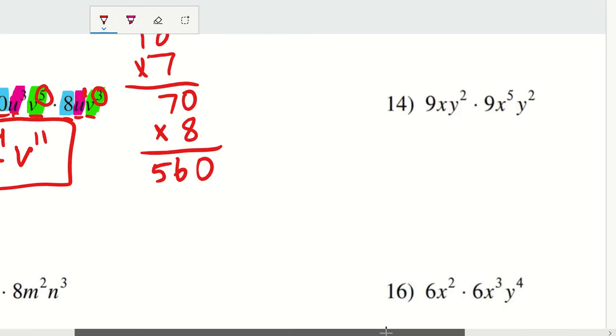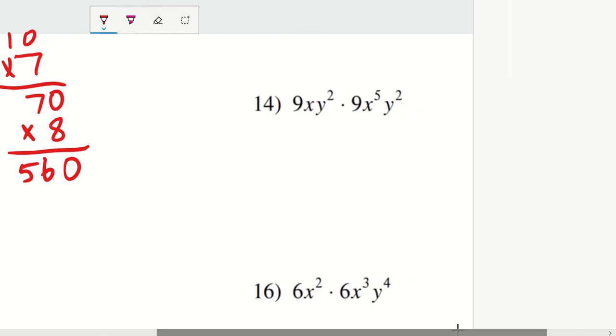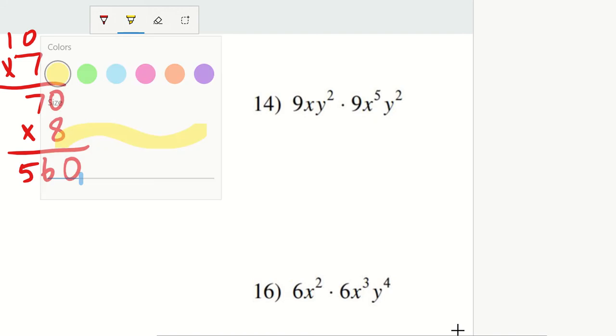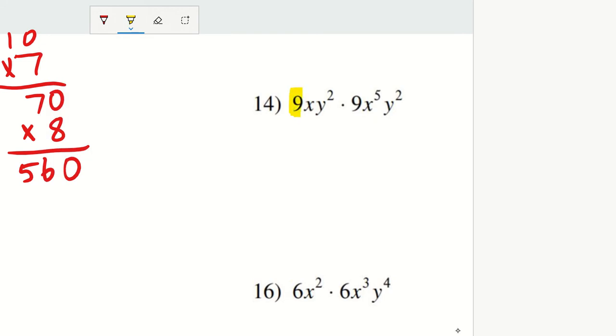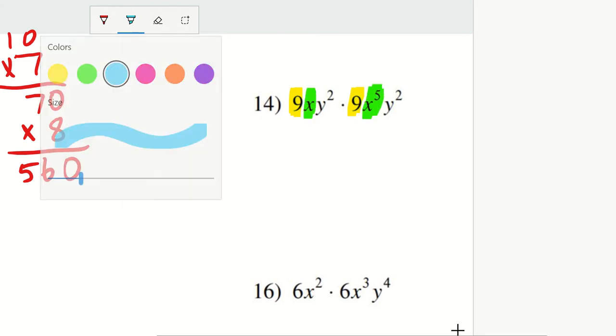So that would be my simplified expression. Let's work out 3 more examples. I'm going to pick up the pace a little bit. We have several exponents here that we can work with, several letters. We have the 2 numbers that we can multiply together, and then the x's, and then the y's.